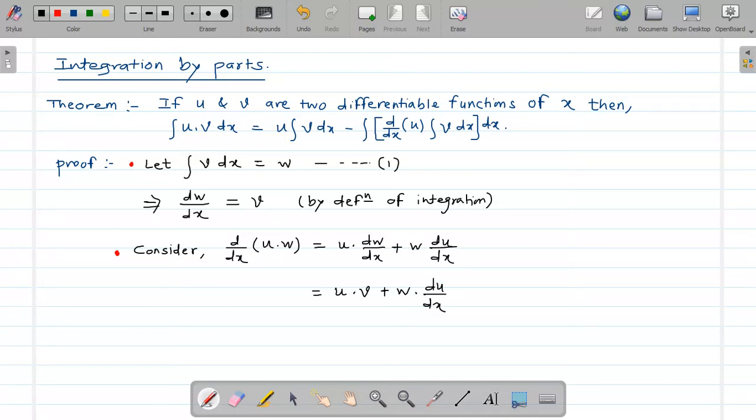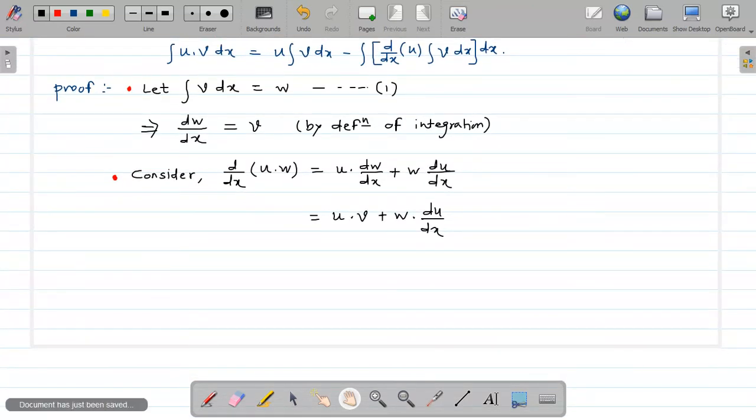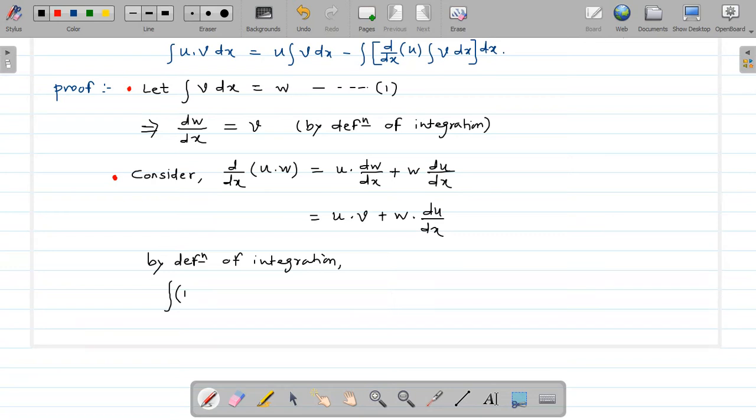Now from this step, the derivative of u into w, we get u into v plus w into du by dx. Now again by the definition of integration, or you can say antiderivative, if the derivative of u into w is u into v plus w into du by dx, then we can say that the integration of u into v plus w into du by dx with respect to x must be equal to u into w.